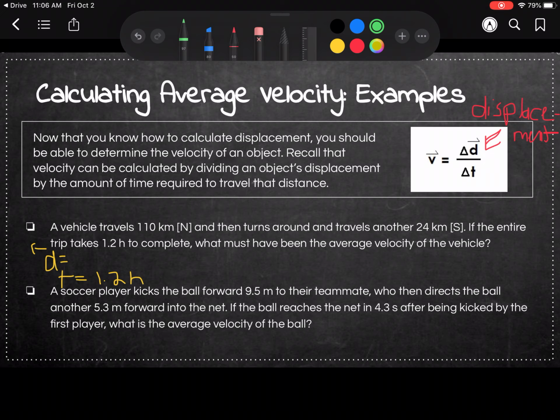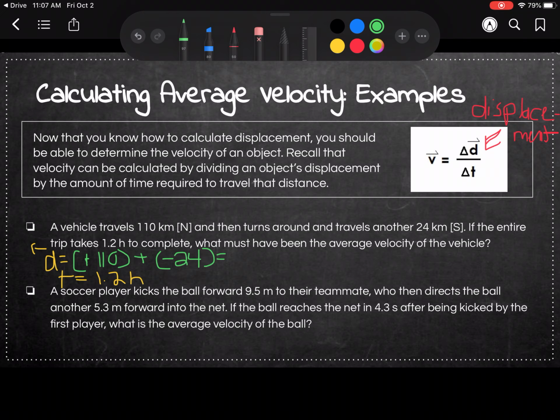So it says 110 kilometers north. North we know is positive, so I'm going to put that there. Plus 24 kilometers south. South is a negative number. If we add those two together, we should get our displacement that we're going to use in our formula.